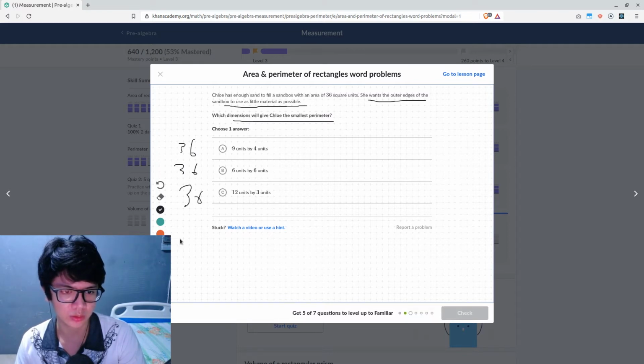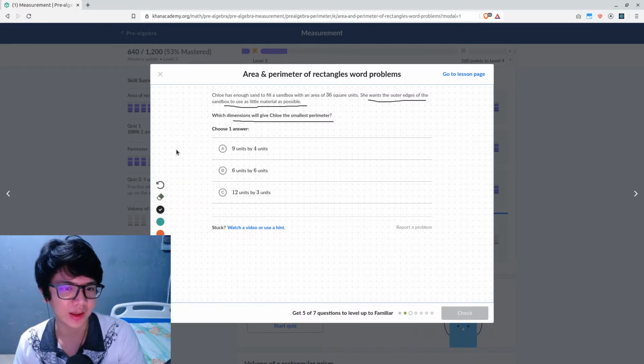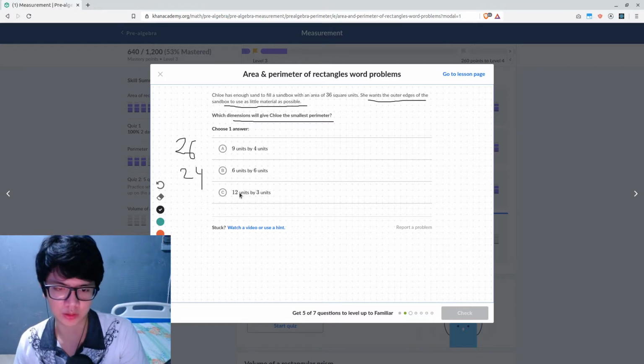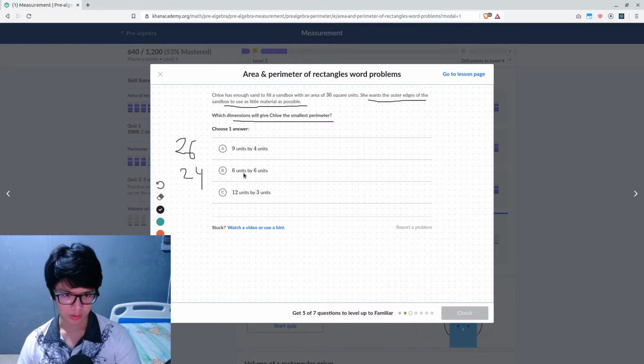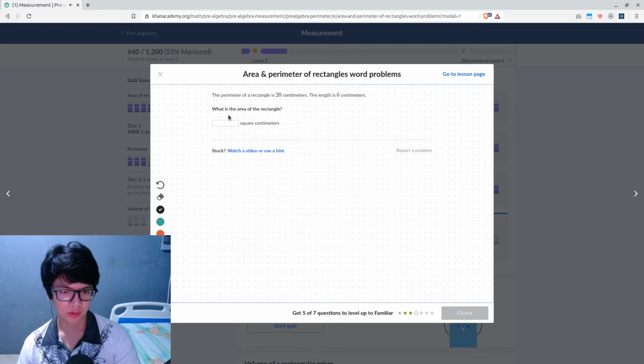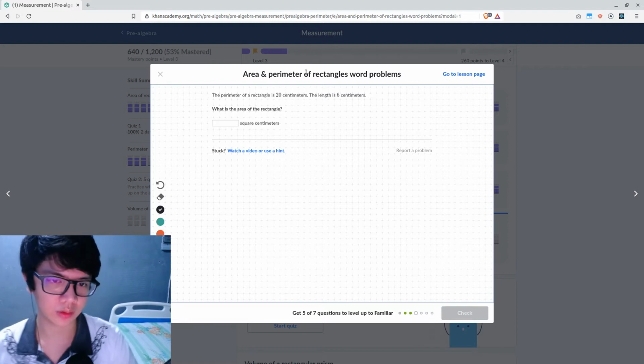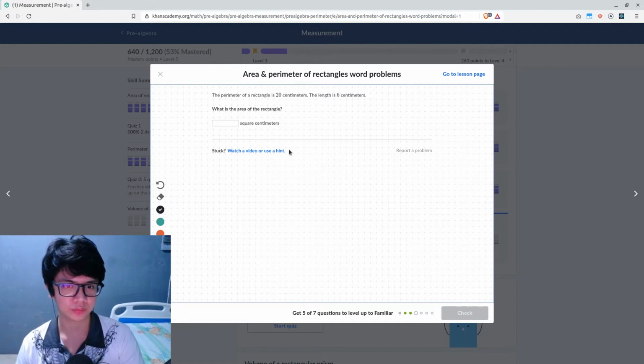This one's 36. This one's 36. I'm calculating the area. 18, 18 plus 18, 26. 24. Oh, what's this? What should the perimeter of a rectangle be? The perimeter of a rectangle is 20 centimeters.